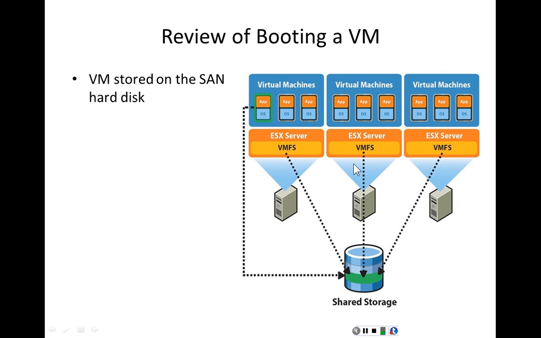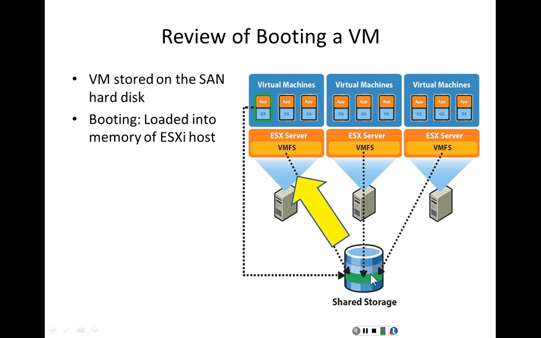Well, let's look at booting of a virtual machine. Typically, the virtual machine files are stored on a disk array on a storage area network. So when you boot the virtual machine, the VM files come off of the disk array and are loaded into the RAM of the ESXi host. That's the definition of booting a virtual machine.